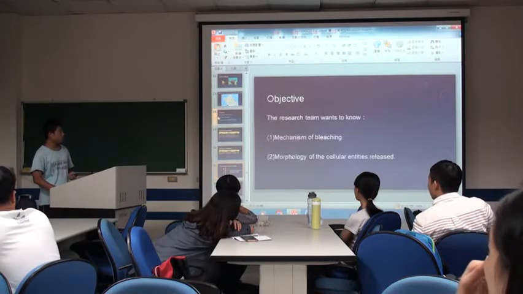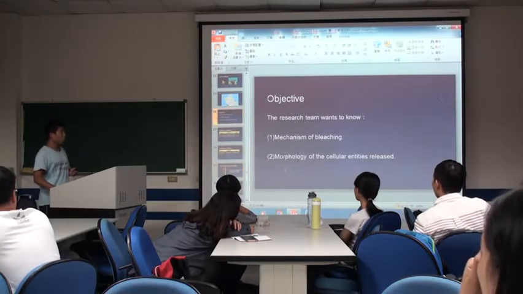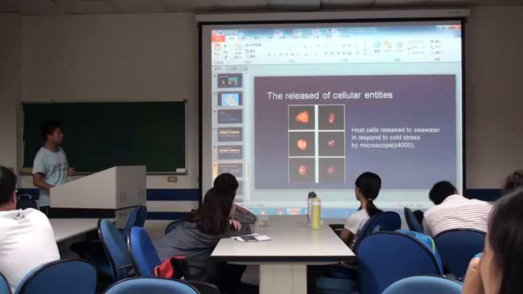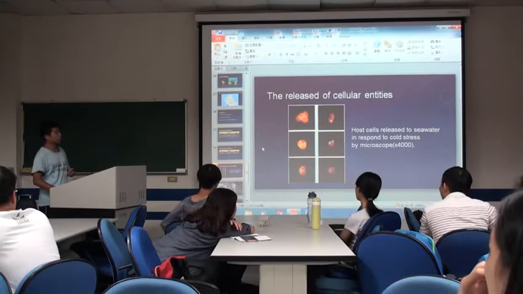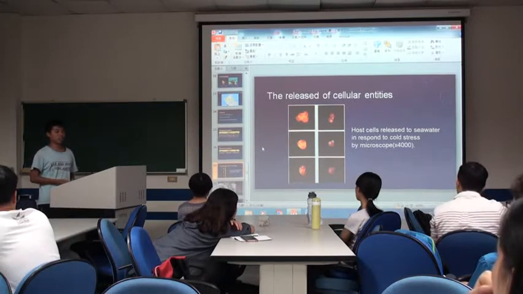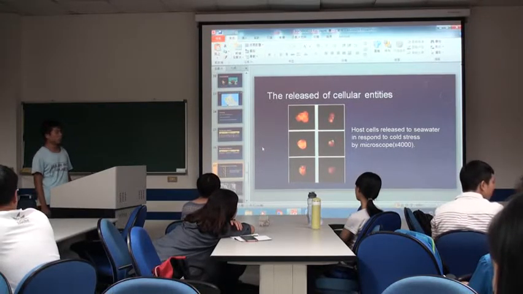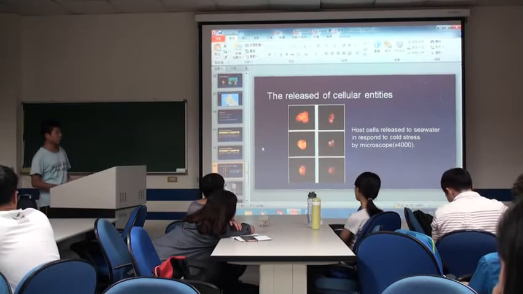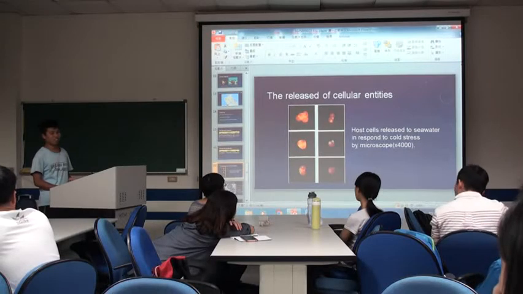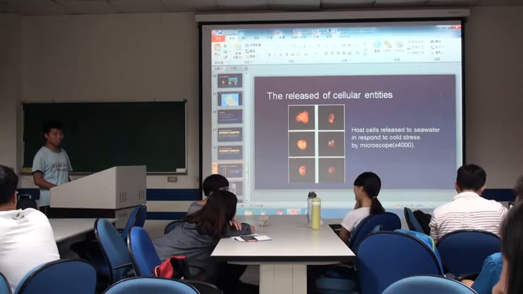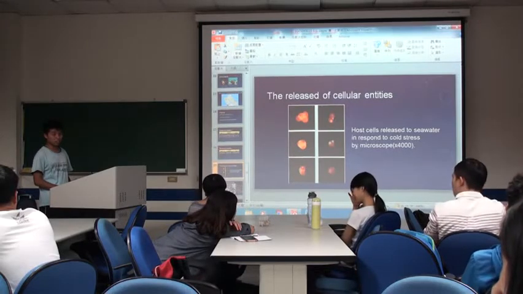Okay. In the objective, we want to know the morphology of the cellular entity release. And this picture is showing cellular entities. In your left panel is anemone A, and in your right panel is coral P. This is in microscopy. Are you satisfied? More or less. Okay, come back to this later.